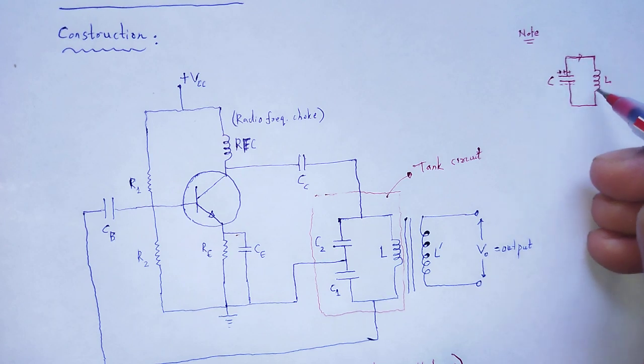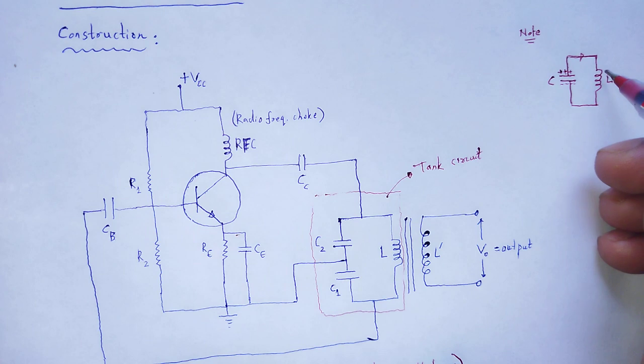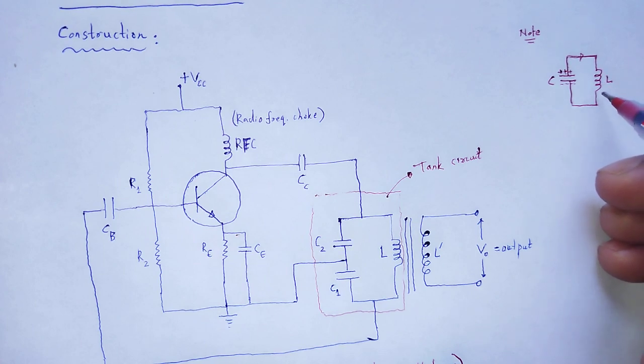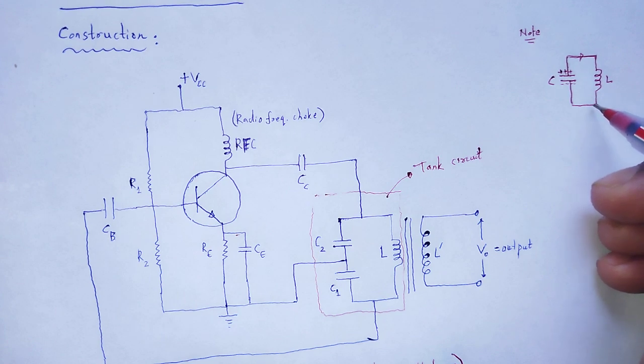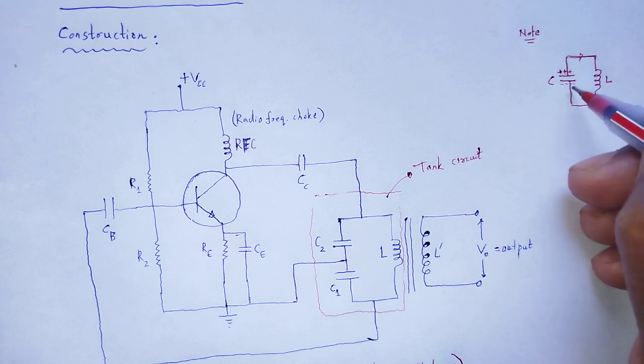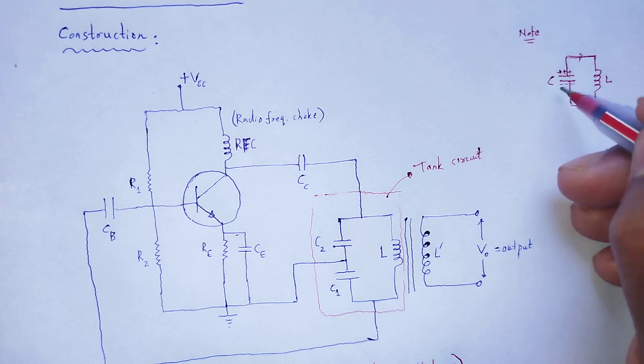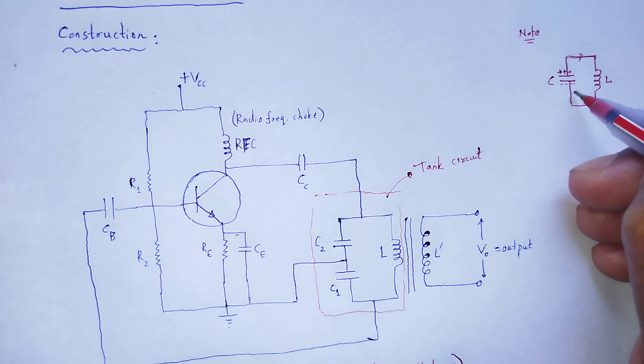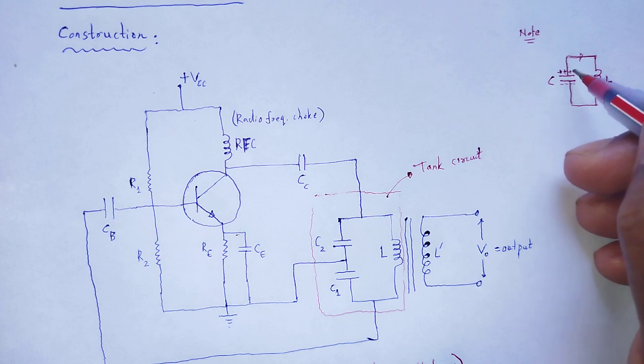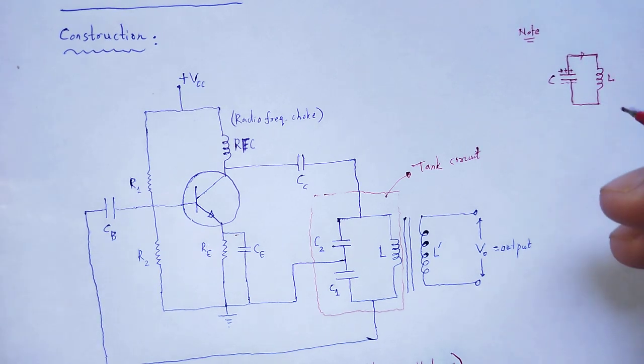First current flows in that direction, and then due to the mutual induction process, the current flows in this direction, and ultimately the negative end will be positively charged and the positive end will be negatively charged.